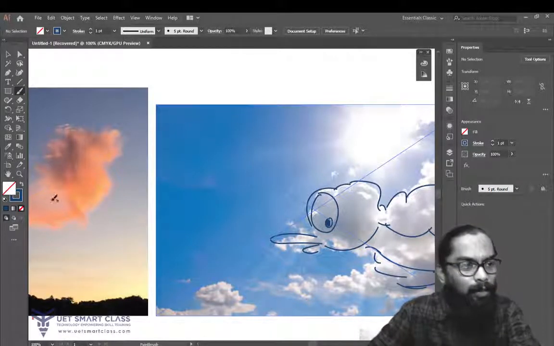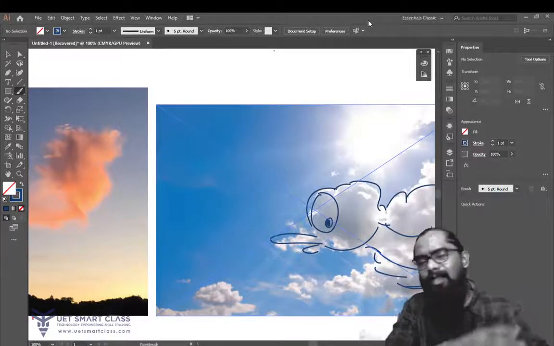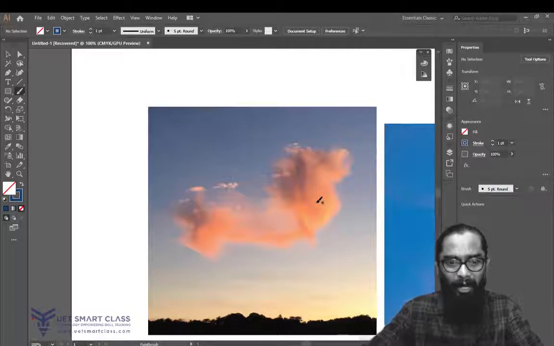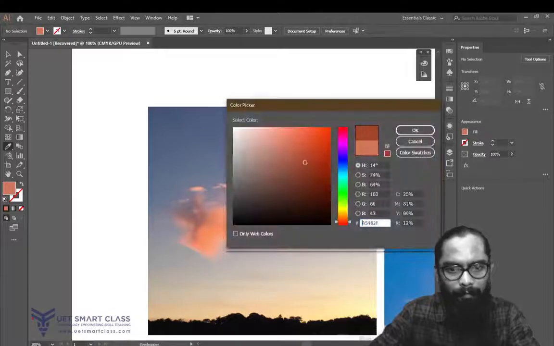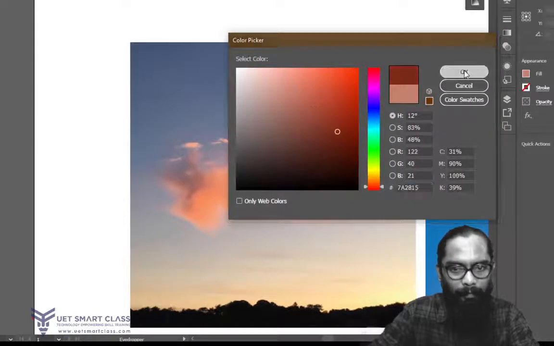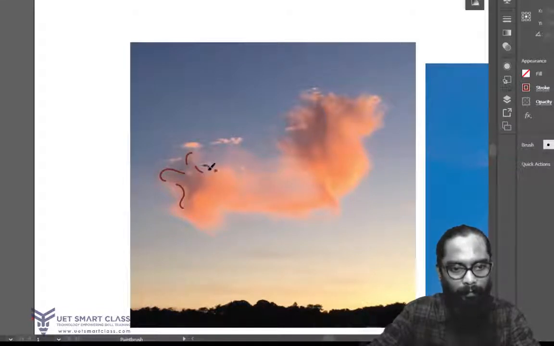So trust me, these tools are for fools. Be creative, guys. See things in a different way. Look at this image. What can I see? I can see a different dragon. Look, this is a dragon's leg. Fine.